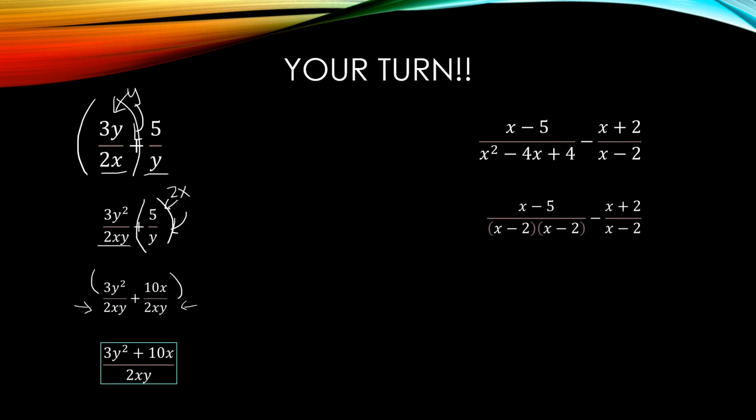For this next one, I could see that this could be factored, so that I can find out whether or not they share a factor, and they do. They share the x minus 2. So I didn't have to do anything to this side because there was an extra x minus 2, so I did have to multiply this side by x minus 2.